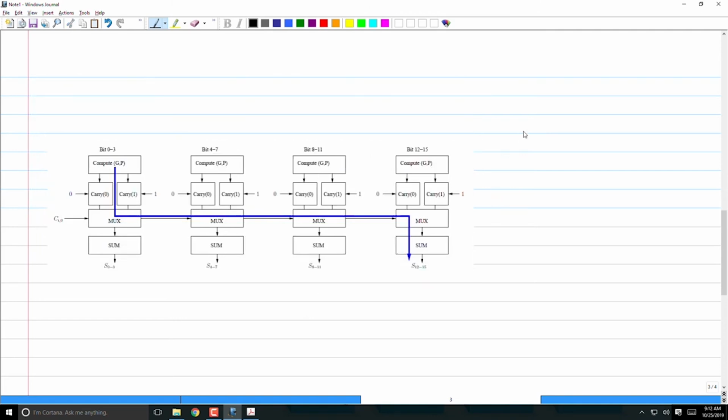Okay. So as usual, we have a computing the G and P block first, right? The delay here is as usual TGP.